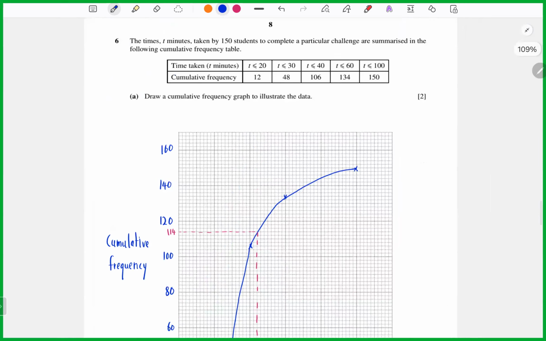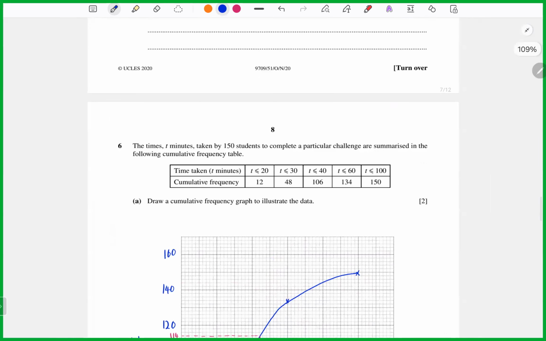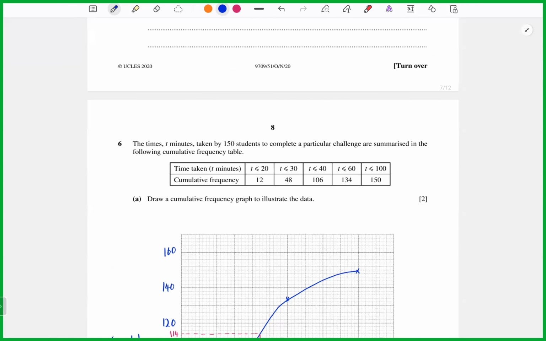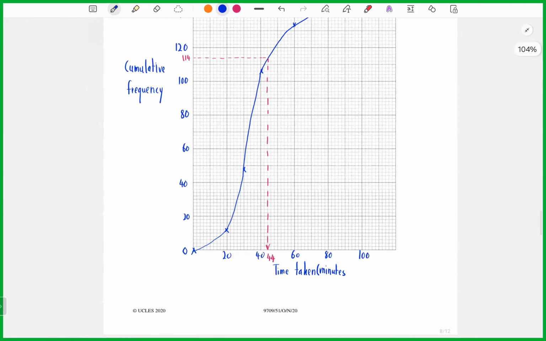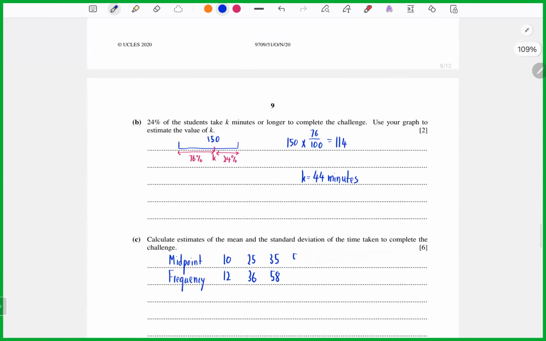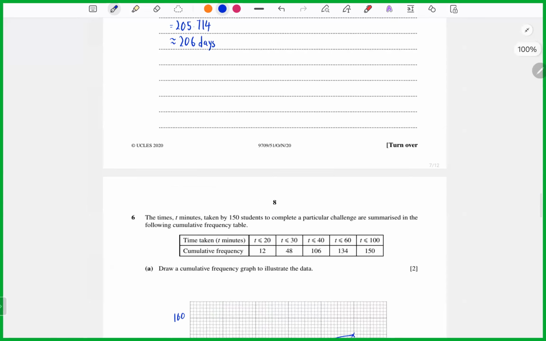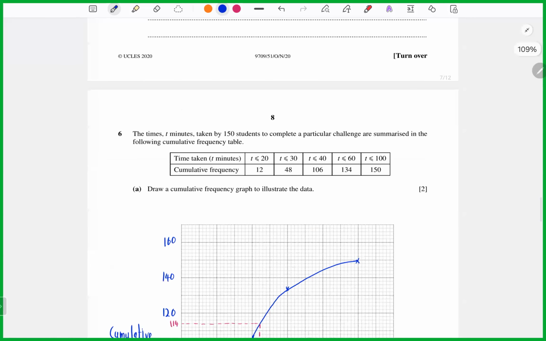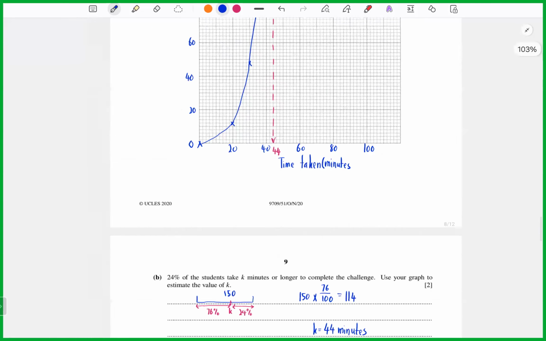Now again, 16 plus 14 divided by 2, 15, right? Then take 134 minus 106, you will get 28.